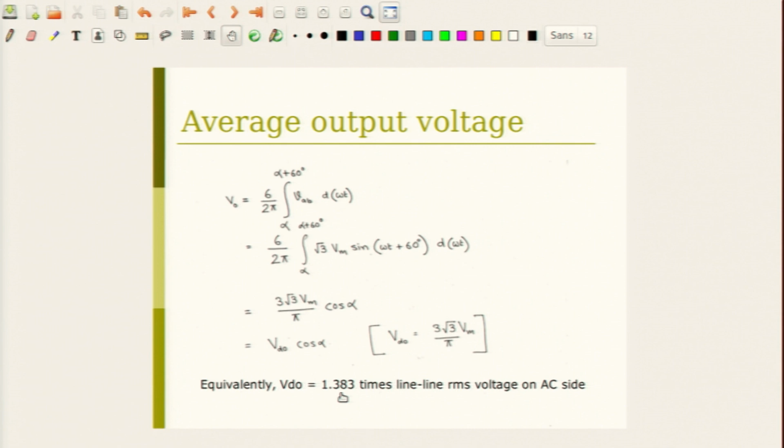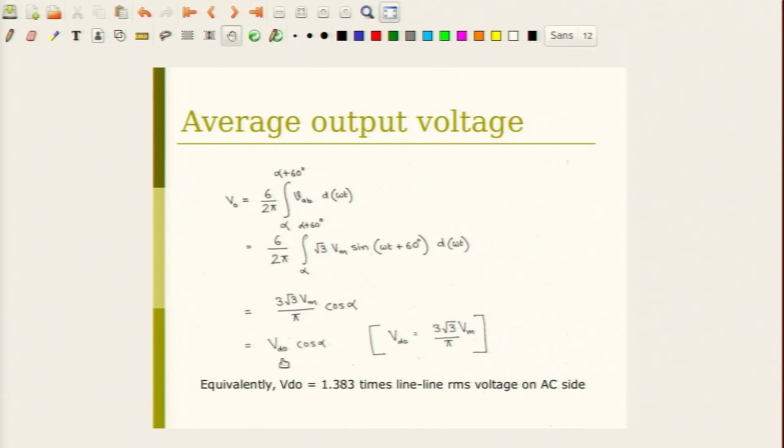So, what we see is that if alpha is equal to 90 degrees, then Vd0 cos alpha becomes 0, the DC voltage has got an average voltage which is 0. And if alpha is equal to 0 degrees, you have got maximum voltage.